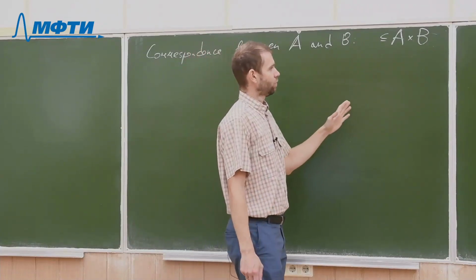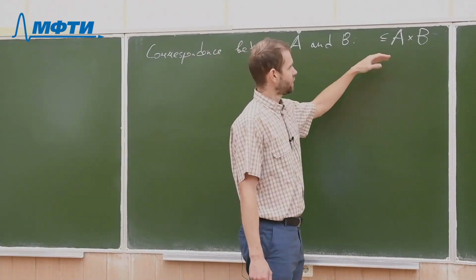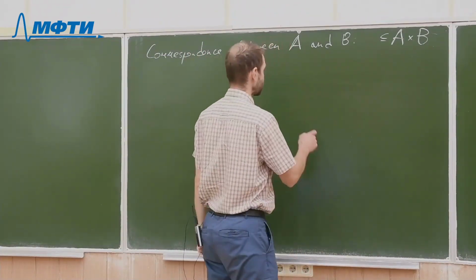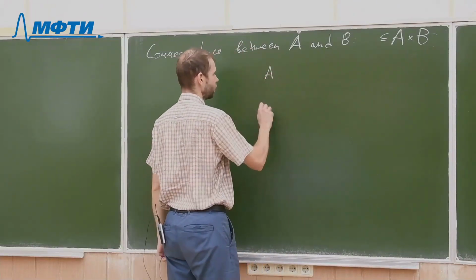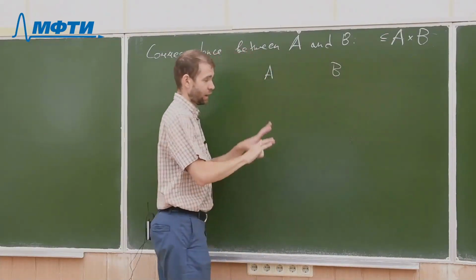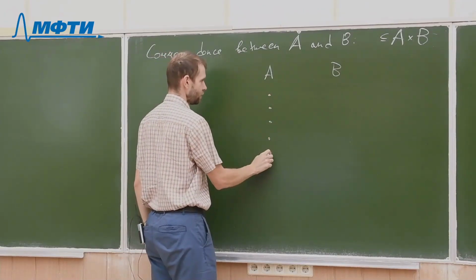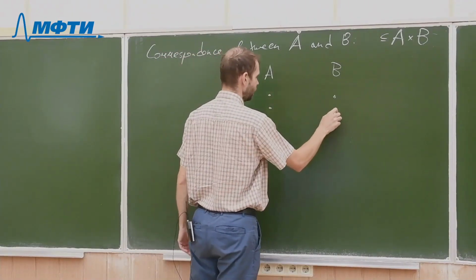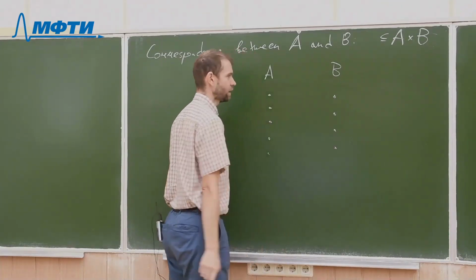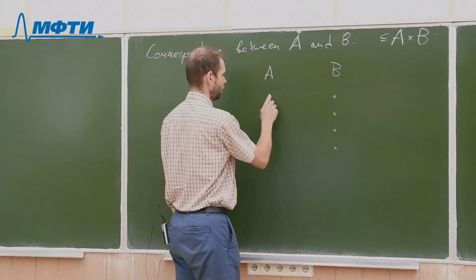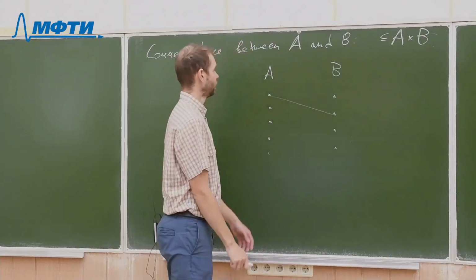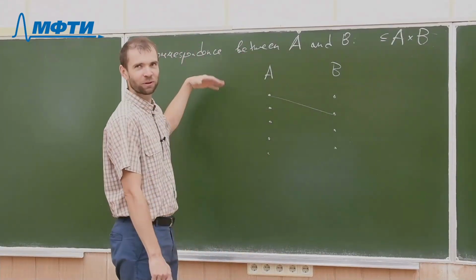So generally, it's convenient to visualize correspondences like this. We just abstractly denote objects in A as dots and objects in B as dots on the right. And we can connect the dots that correspond to each other.